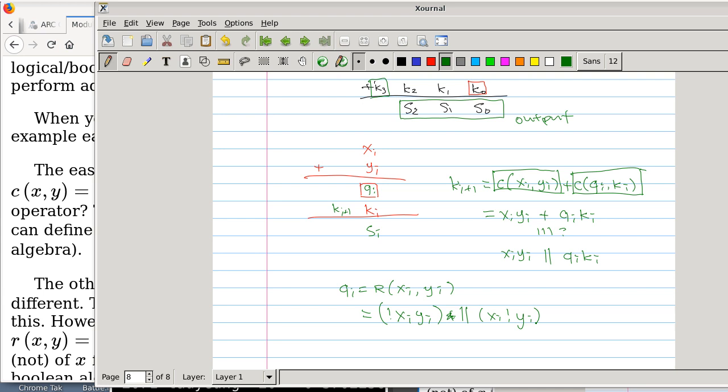Oh, that is good for us. Because that means if xi, yi is a 1, qi has to be a 0. I don't even need to care whether ki is a 1 or a 0, because if qi is guaranteed a 0, then the conjunction of qi and ki is guaranteed a 0 as well. So that means in this limited context, whether you use an arithmetic addition or a logical or, either will work.